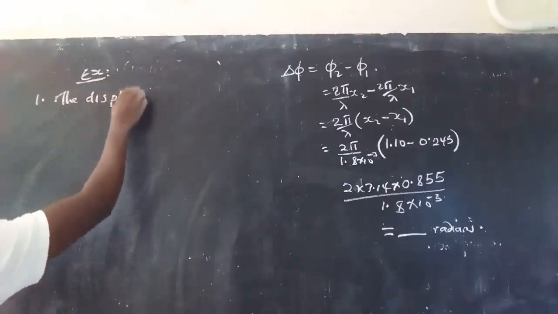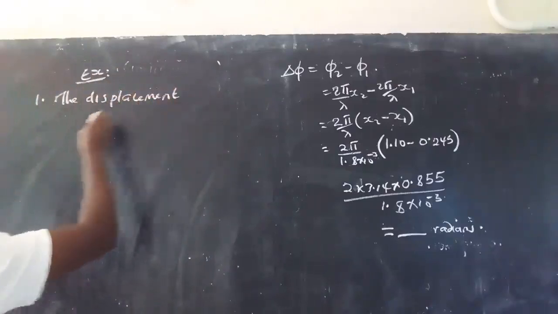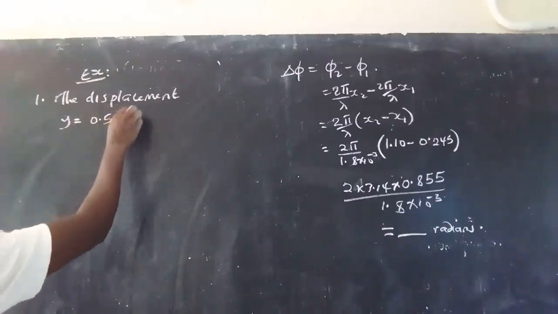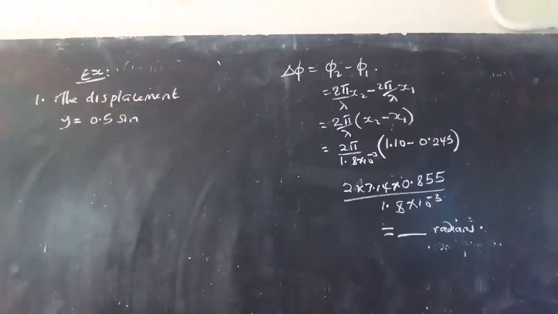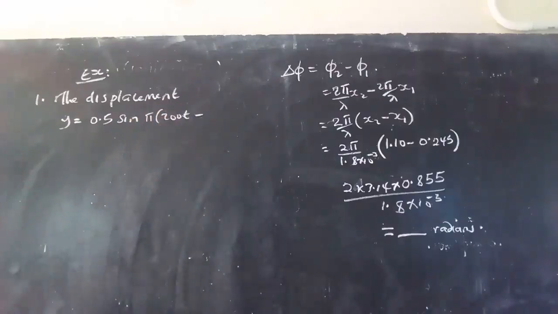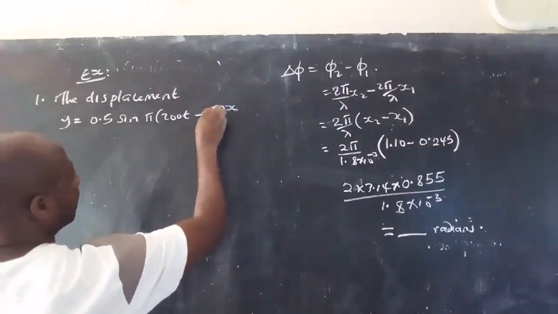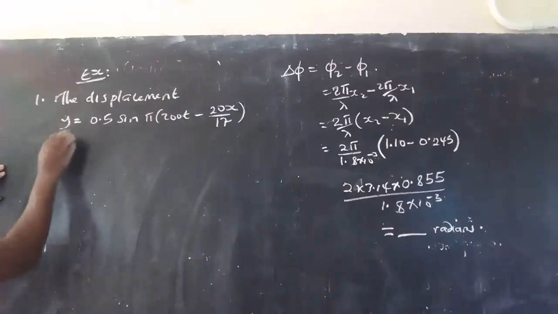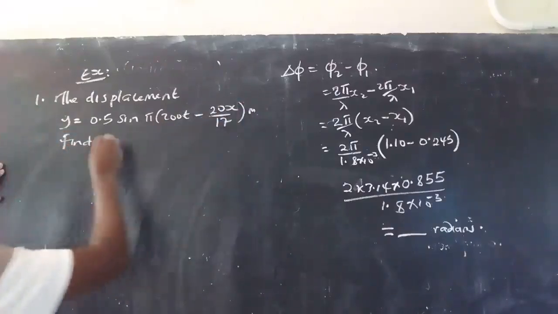A displacement y is equal to 0.5 sine of pi into 200t minus 20x divided by 17. Then I say find wavelength and speed of the wave. This is in meters, the speed of the wave.